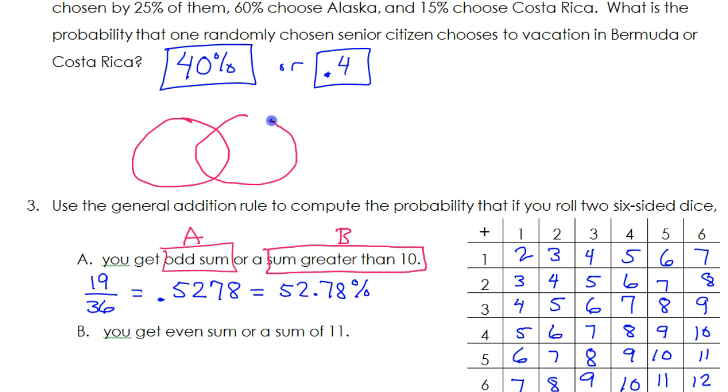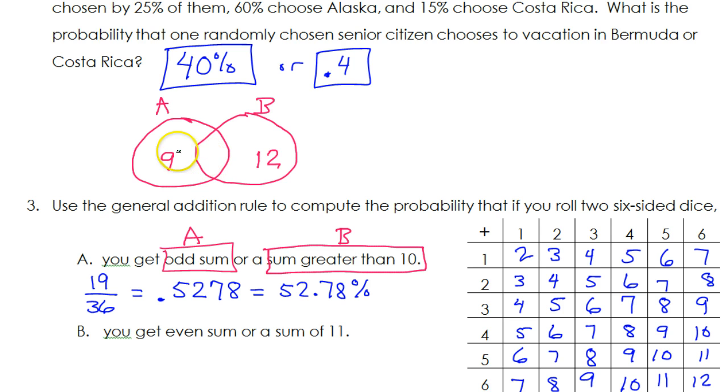If we looked at a Venn diagram of A and B, you could have numbers that were odd sums, like 9, and you could have numbers that are greater than 10 that are not odd sums, like 12, but we could also have overlap.